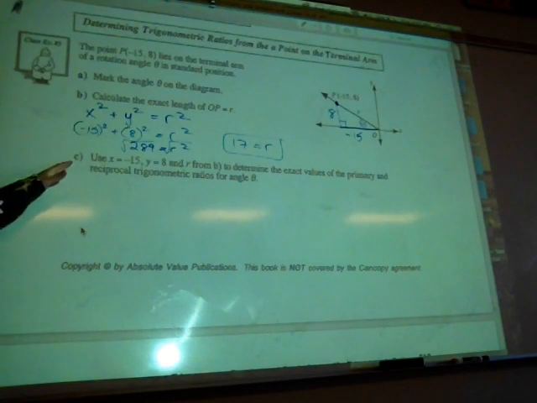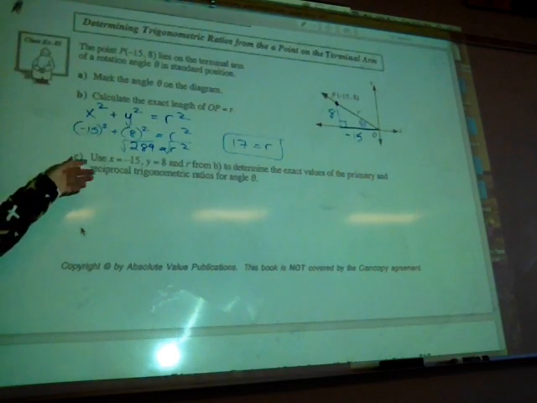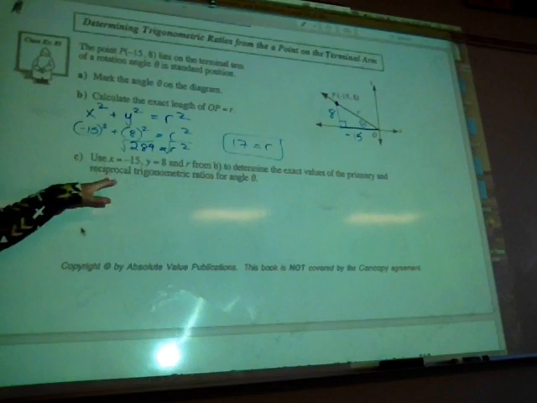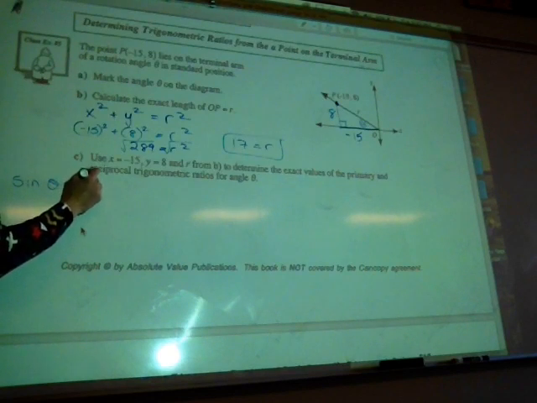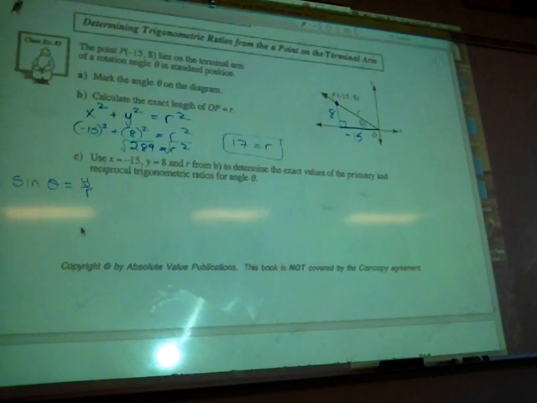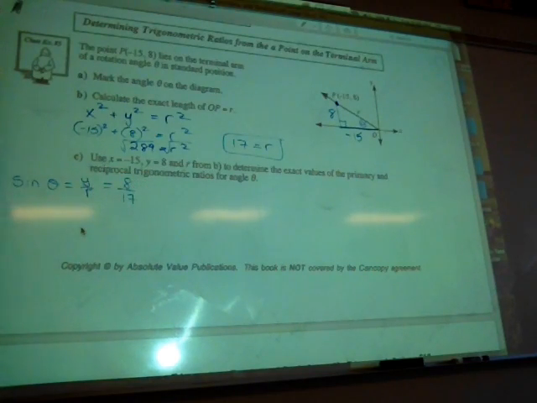For part C, we're now using the side lengths x, y, and r, and we're going to write our primary trig ratios and our reciprocal trig ratios. So you guys remember the beginning of the lesson, sine theta equaled opposite over hypotenuse. Our opposite in this case is 8, and our hypotenuse we just calculated to be 17.